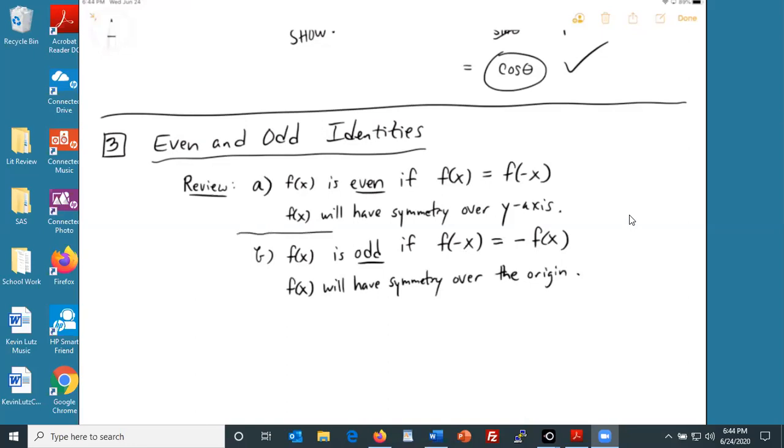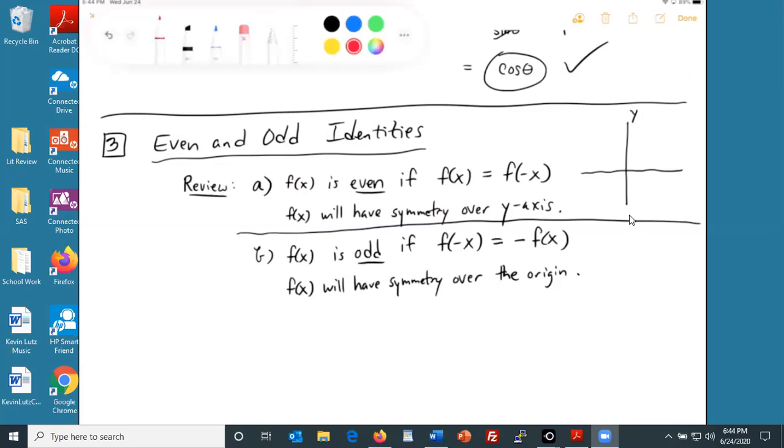And maybe I should illustrate what both of those look like. So if we go back to even, a graph will have symmetry over the y-axis. So I'm going to highlight my y-axis. A function might look something like this, like a parabola, for instance.